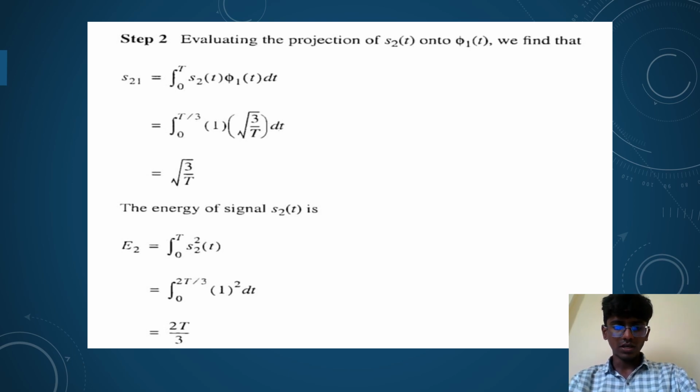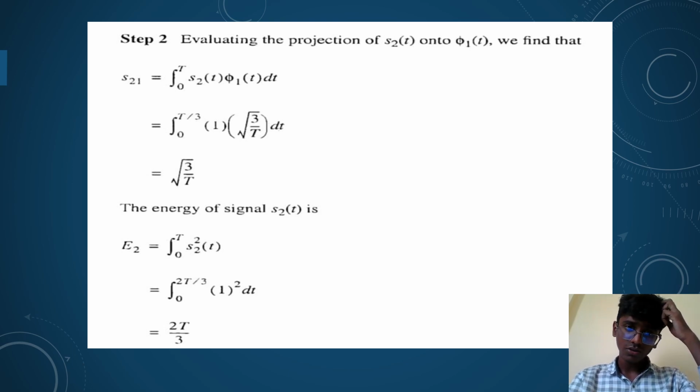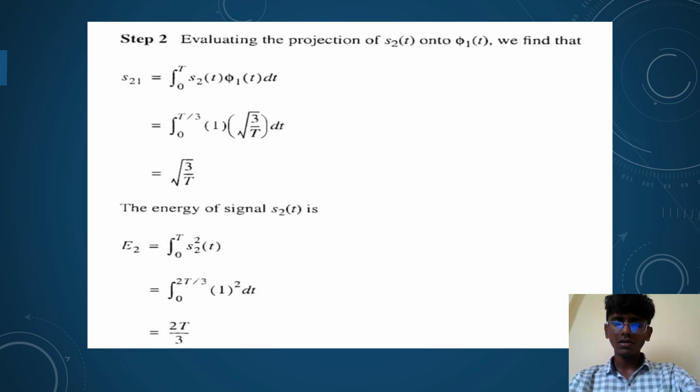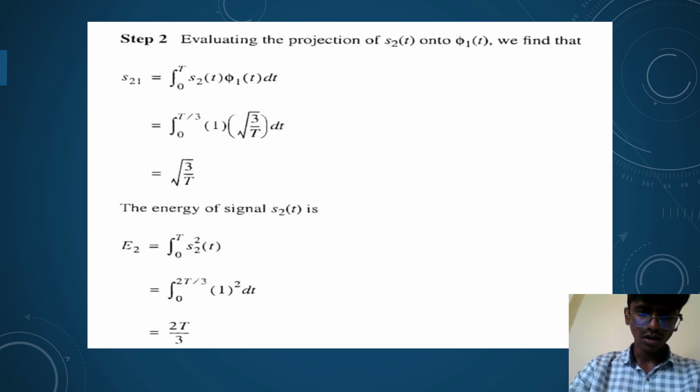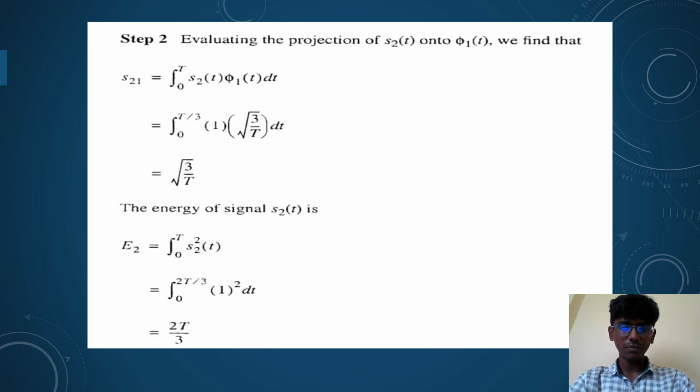We are proceeding to step 2, evaluating the projection of s2 of t onto phi1 of t. We find that s21 is equal to the integration 0 to T of s2 of t phi1 of t dt. These are all formulas which we have derived before. S21 is equal to square root of 3 by T, from the derivation in the presentation.